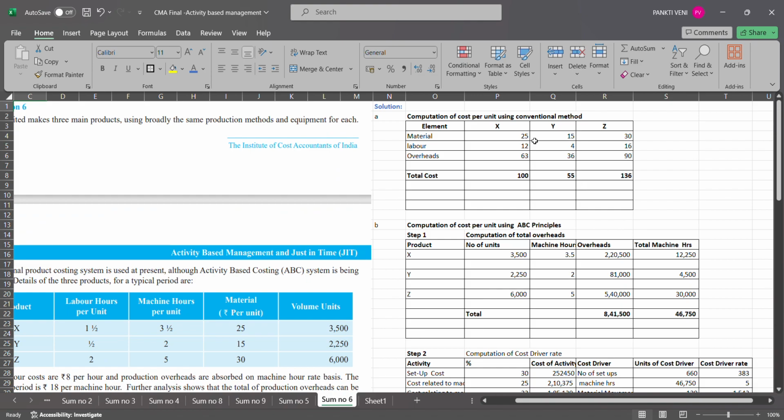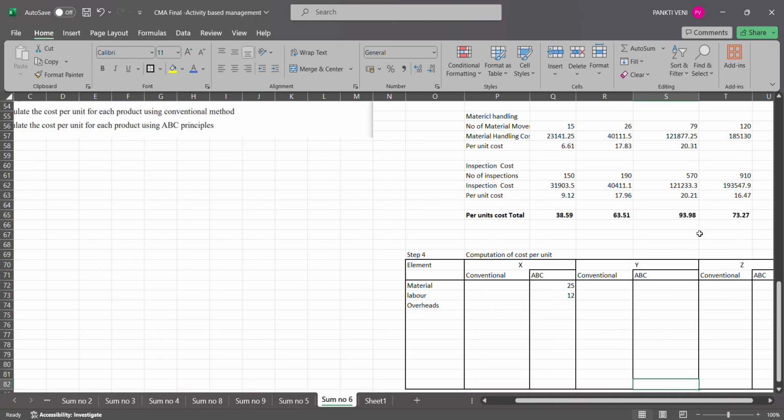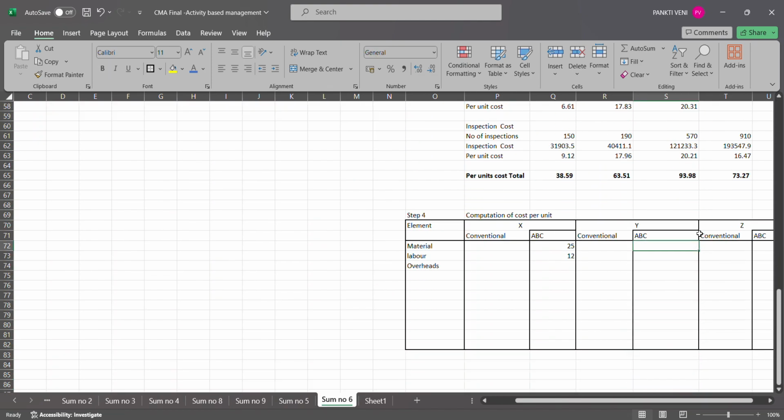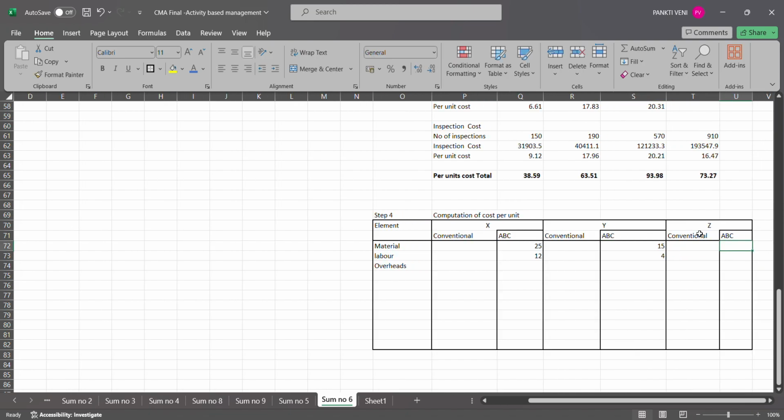If you look at labor from here also, 12, 4 and 16. We multiplied the labor cost of 8 rupees with the number of hours. So I have 25 here, 15 and 4, and here it will be 30 and 16. So the material and labor part is done. Then I have overheads.